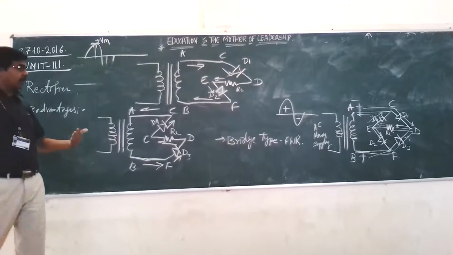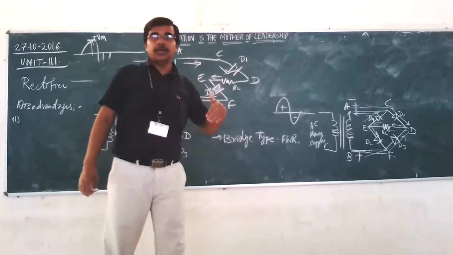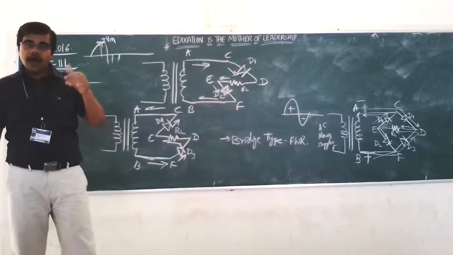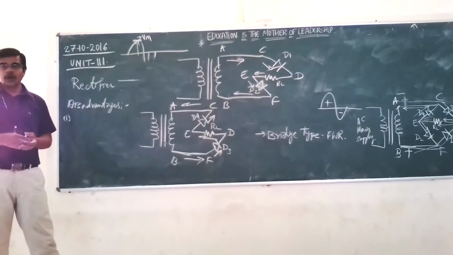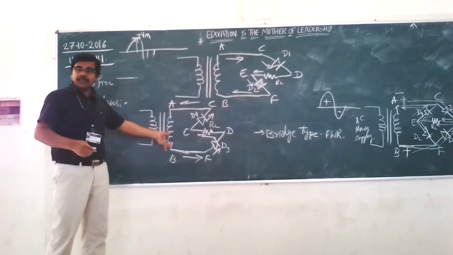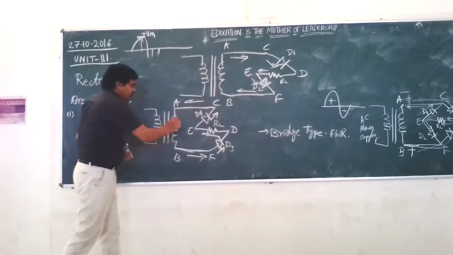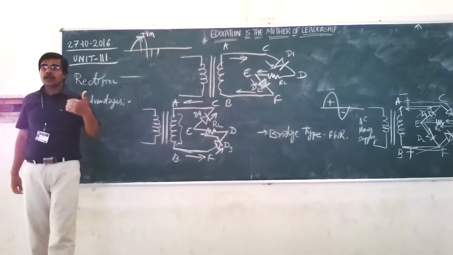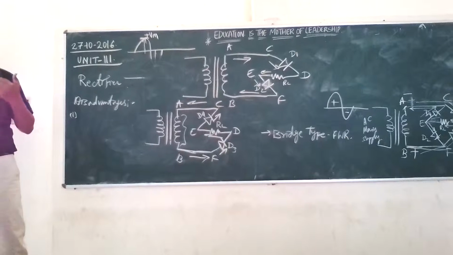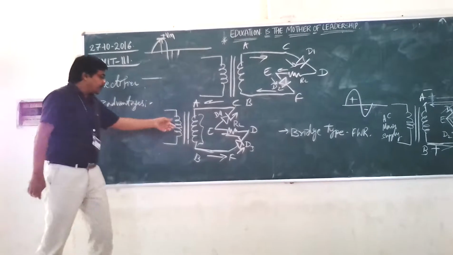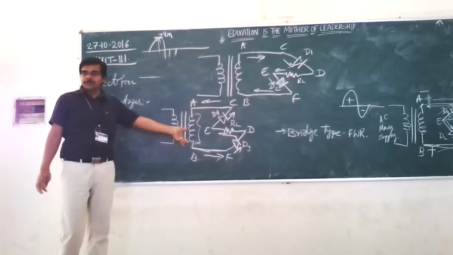So in the positive half cycle, 2 diodes are contributing, and in the negative half cycle, again 2 diodes are contributing. And we are using the total of the secondary winding, so the problem that we had in the center tap will be solved here.